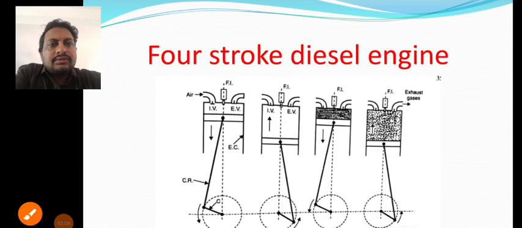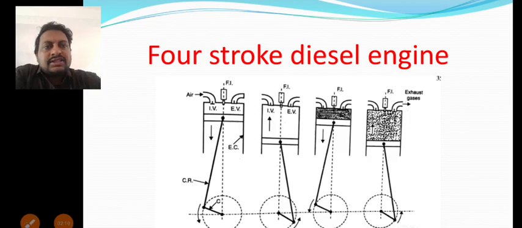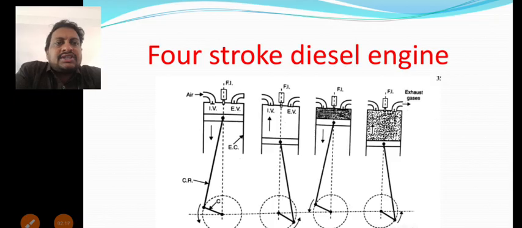The distance traveled by the piston is called the stroke, the length of the stroke, from TDC to BDC. TDC means the extreme position of the piston at the top of the cylinder, and the bottom extreme position of the piston in the cylinder we call BDC.